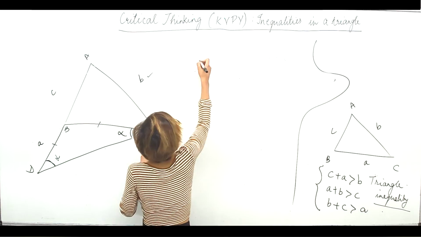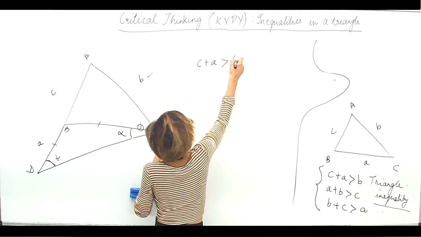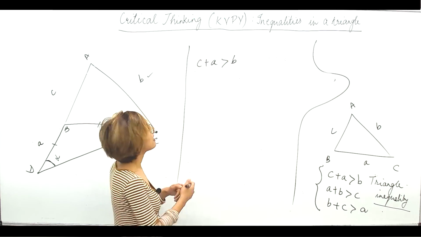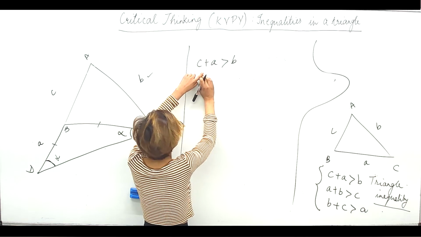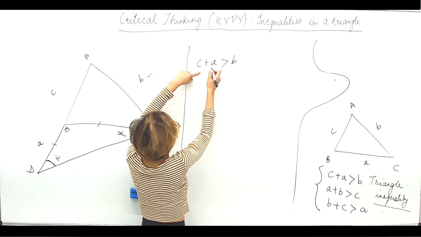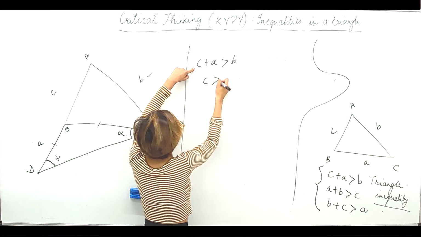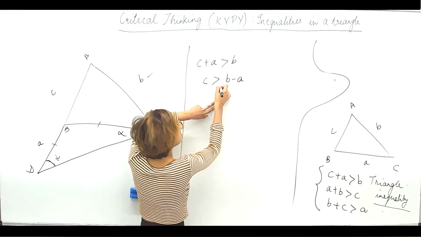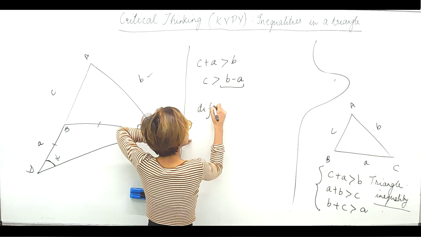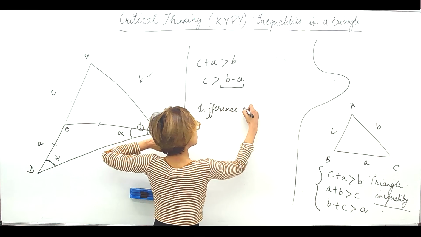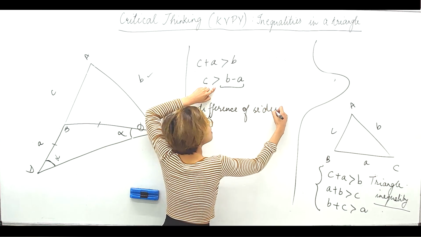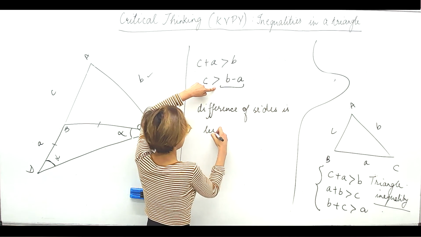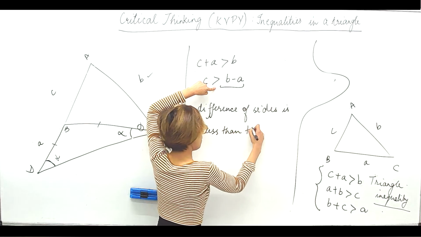Now, I know that C plus A is greater than B. What I can write is, I'll add minus A on both the sides. So, as A cancels, C is greater than B minus A. Now, this is what? This is the difference of sides. Difference of sides is less than the third one.